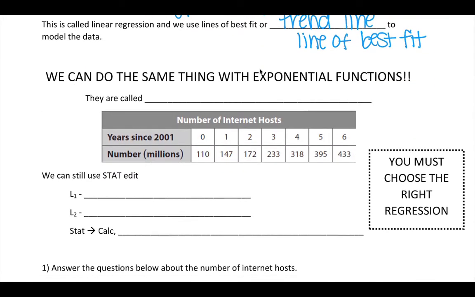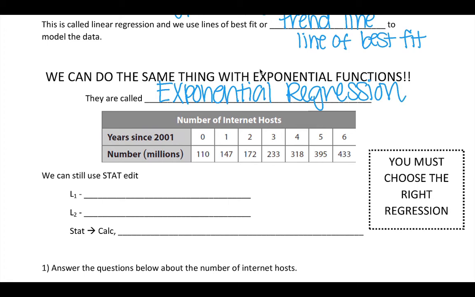So guess what? We can do the same things with exponential functions. Same thing we do with linear, we can do with exponential. And if linear functions are called linear regression, these are called exponential regression. Okay, so we're going to do the same thing.